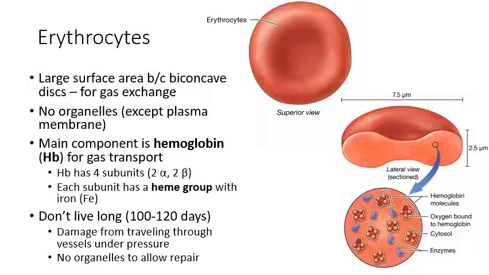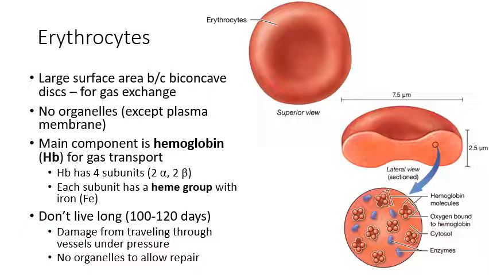The job of hemoglobin is to transport gases. Every hemoglobin molecule has 4 subunits, so 4 little pieces of protein that are combined to make the whole hemoglobin protein. Here you have little diagrams of the hemoglobin. Each one of these little circles within the hemoglobin would be one subunit. You have 2 types of subunits, alpha subunits and beta subunits.